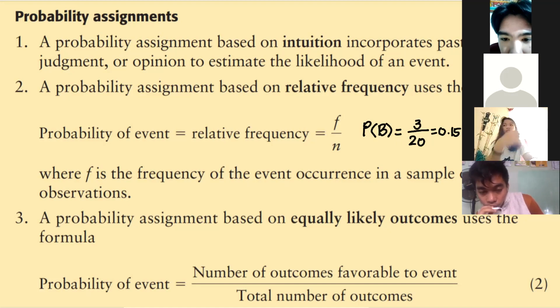So always write your answer when you encounter probability of an event in 3 ways. Okay? Para alam nila kung gaano ba kalaki. Only 15%. Okay? Out of 100. Mas maiimagine mo. Right? So that is the second way. Okay? Based on relative frequency. Next, number 3. Kindly read.